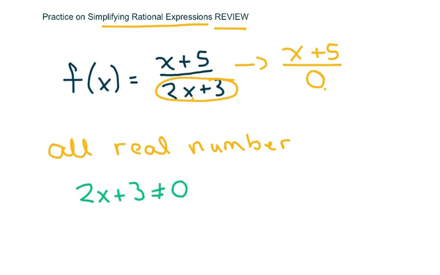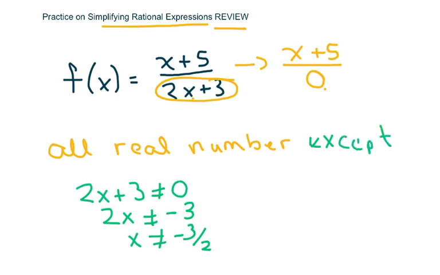So I'm going to solve for x and subtract 3 from both sides and divide both sides by 2. So it's all real numbers except x cannot equal negative 3/2.